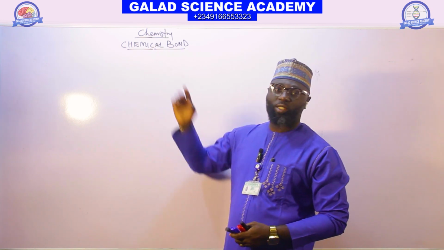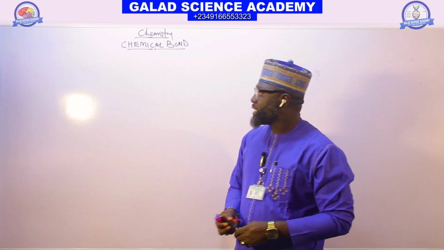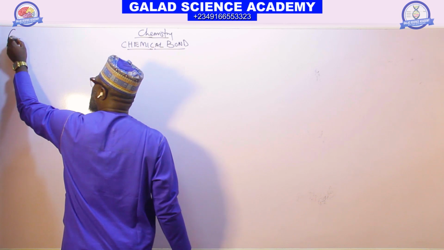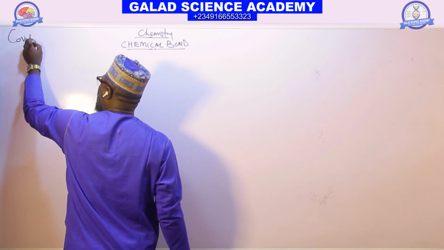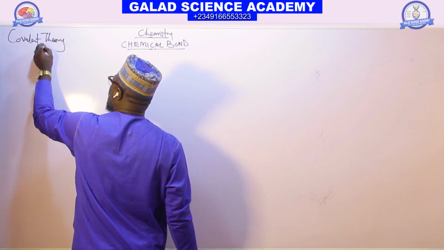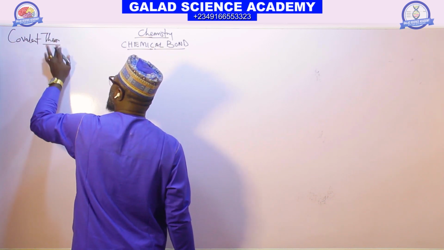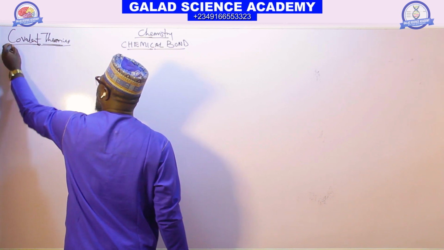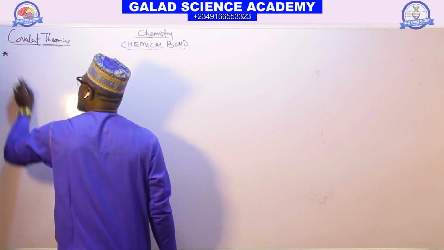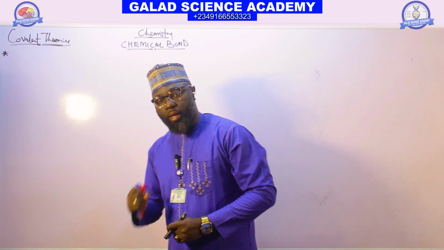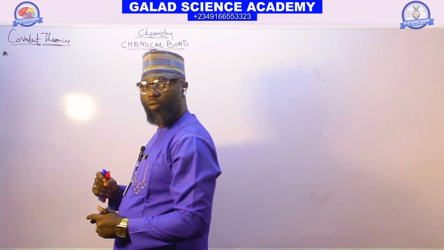So the next aspect under covalent bond that we need to treat now is covalent theories. And there are three theories of covalence.